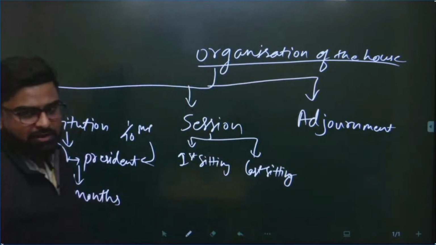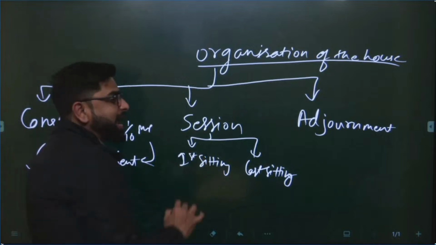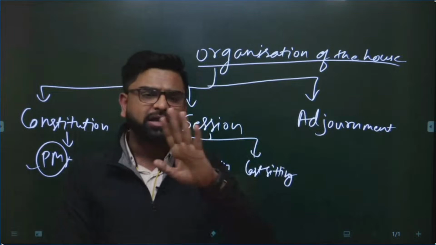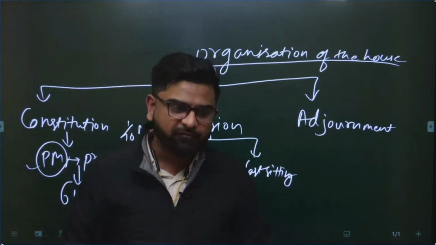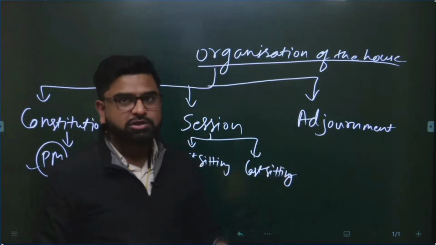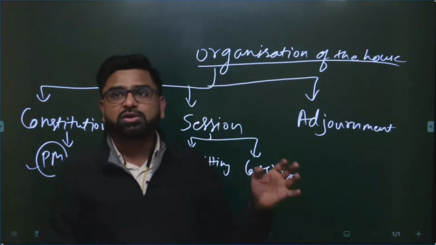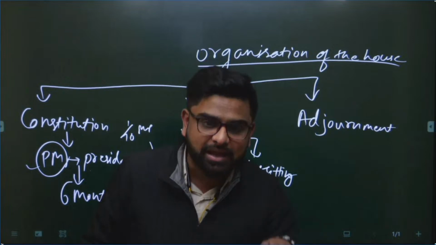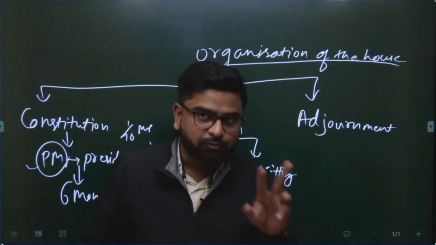Next is adjournment. What is adjournment? When every sitting ends, suppose in the morning we convened and by the evening we concluded the functioning of the house today. So the speaker says that today's sitting is hereby adjourned. Now there are two things.